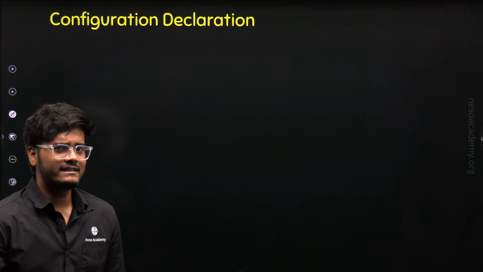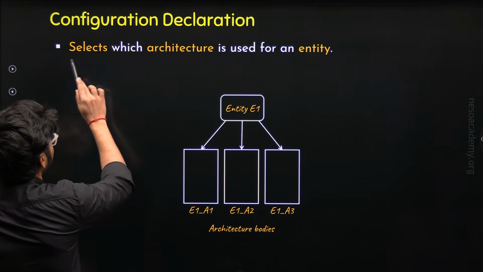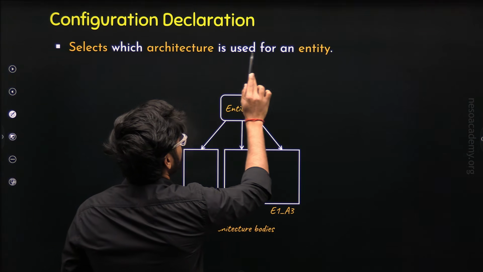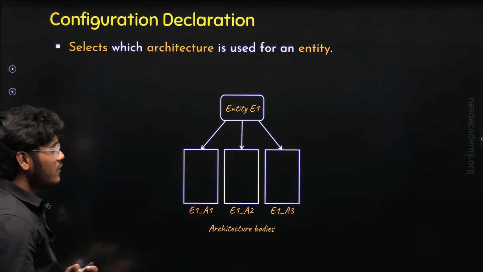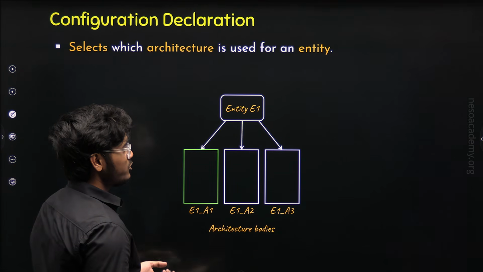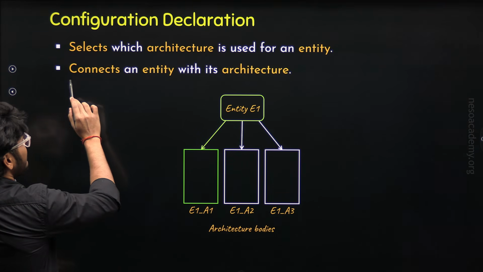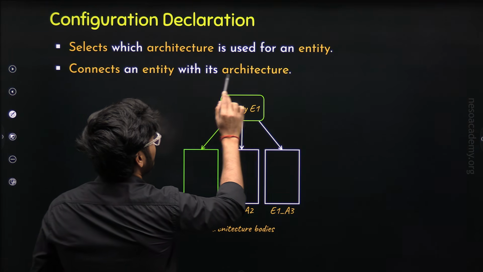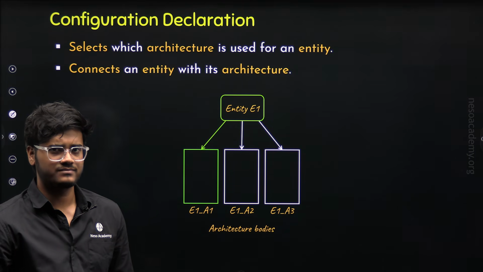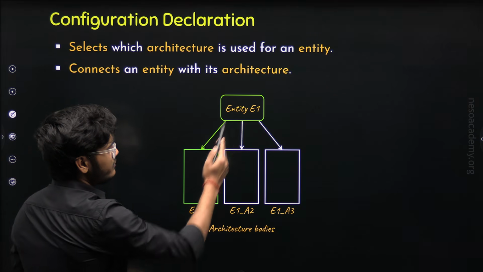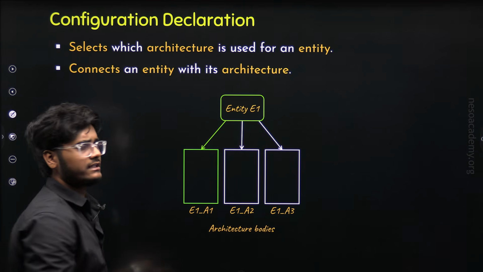So, one entity can have multiple architectures, and configuration selects which architecture is used for an entity. Means configuration selects which architecture to be used for an entity. Overall, configuration connects an entity with its architecture. Example, entity E1 having architectures A1, A2, and A3.